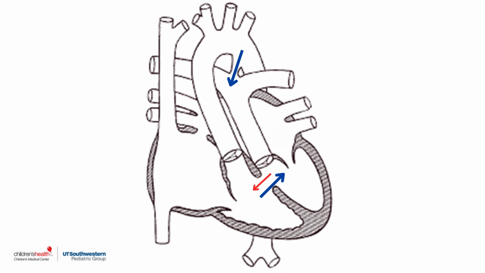And with transposition, the right ventricle has deoxygenated blood that is then being shunted across to the left ventricle. There is some degree of bidirectionality of the shunt depending on the size of the VSD, but again, by and large, the majority of the blood is deoxygenated blood moving to the pulmonary circulation, which does improve oxygenation but does not improve systemic oxygen delivery.